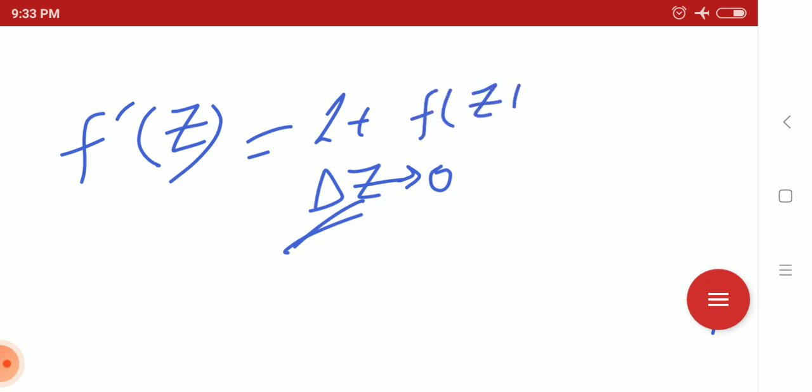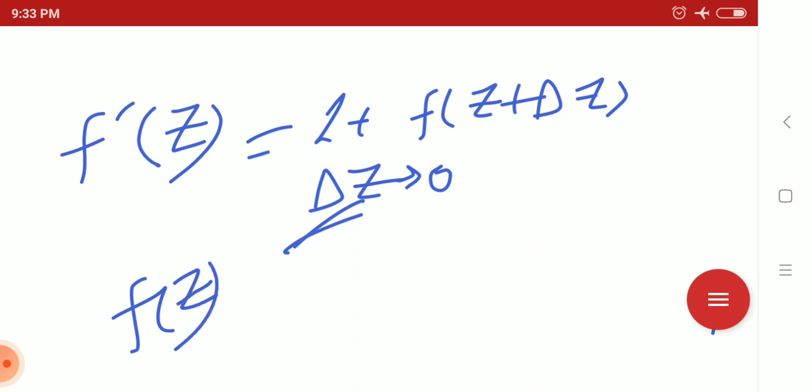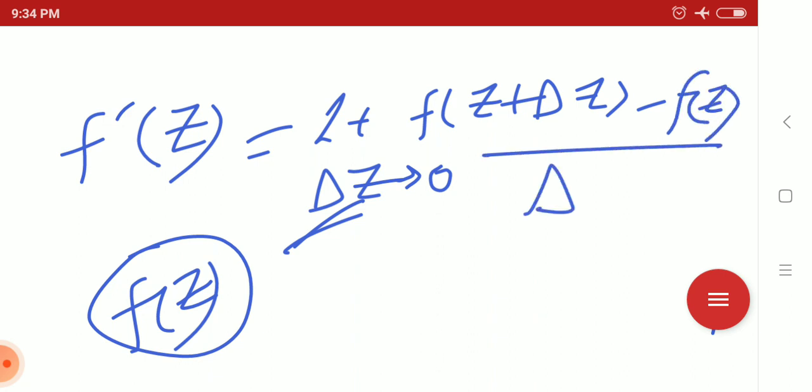You have a complex function f of z, so its differentiability can be written as limit delta z tends to 0, f of z plus delta z minus f of z divided by delta z. That is the mathematical definition of differentiability of a complex function.